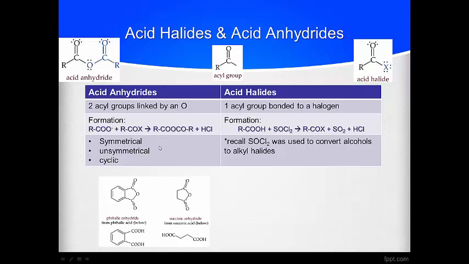They can be symmetrical, unsymmetrical, or cyclic. So here's an example of a cyclic one. Okay, another cyclic one. Looking at our acid halides, we've got one acetyl group bonded to a halogen. It's made with thionyl chloride and a carboxylic acid.